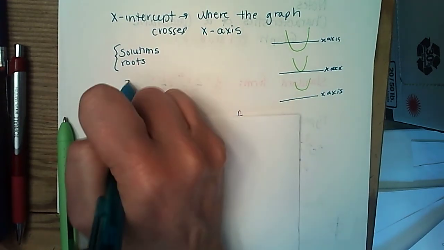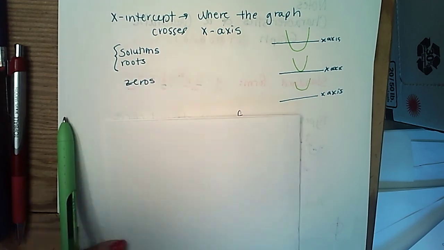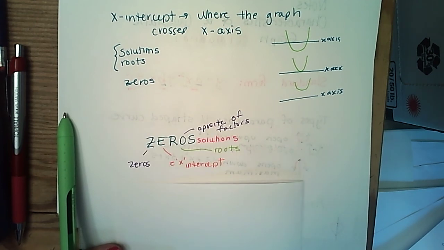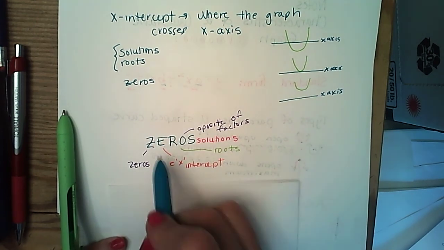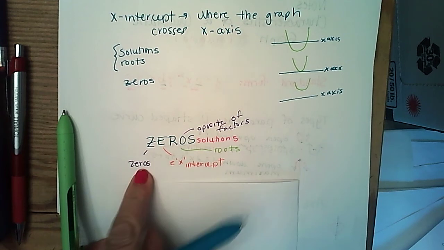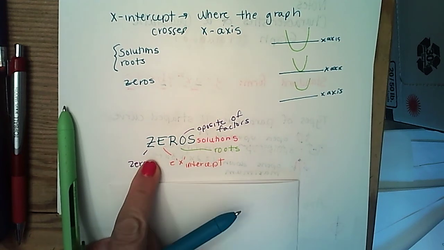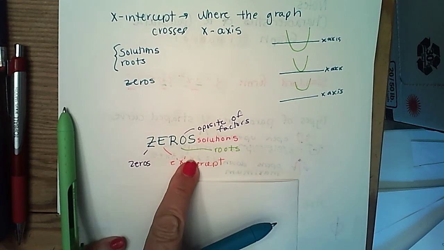We also called them the zeros of the graph earlier this year, because the zero of the graph basically says the zero is where y equals 0, which is what my x-intercept is. So the zeros of the graph, remember, they got a ton of things going on. The zeros of my graph is the x-intercept.